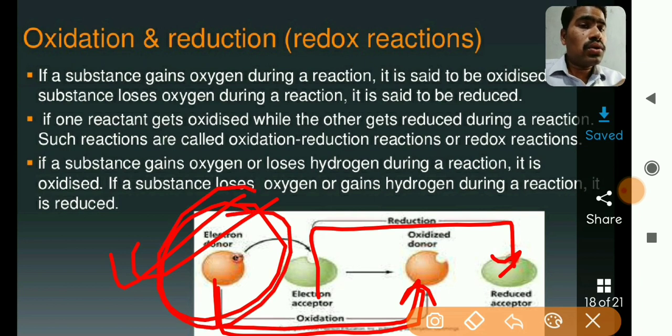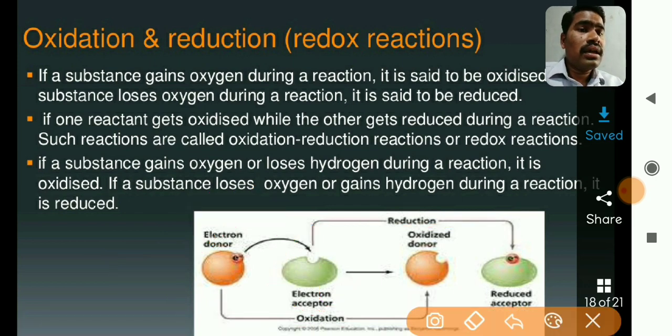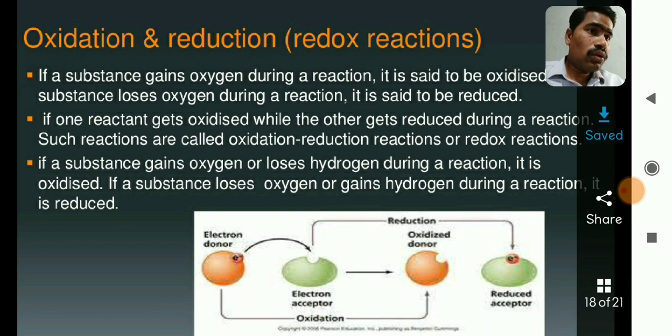If this is the electron donor, that means this is the reducing agent. If this is the electron acceptor, it means that it is the oxidizing agent. Now in this reaction, the oxidizing agent itself gets reduced, and the reducing agent gets oxidized. I hope it's clear.